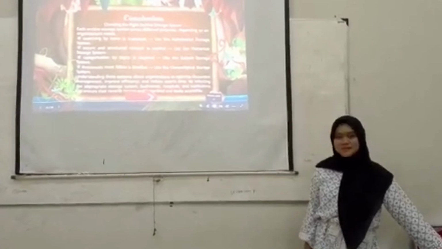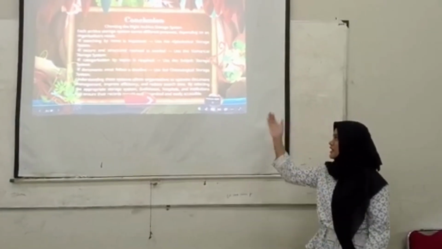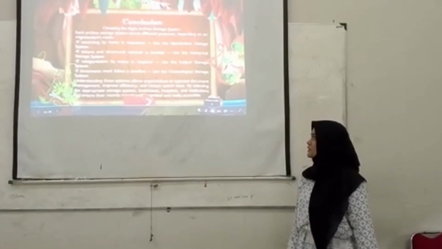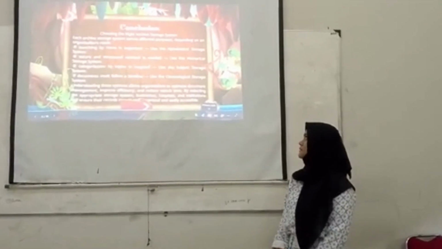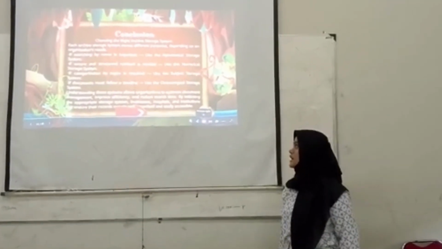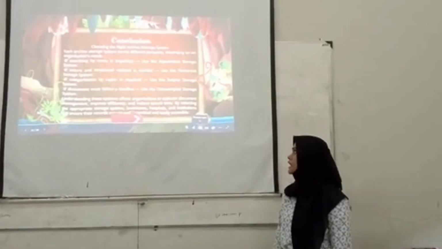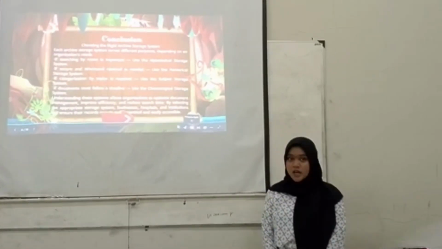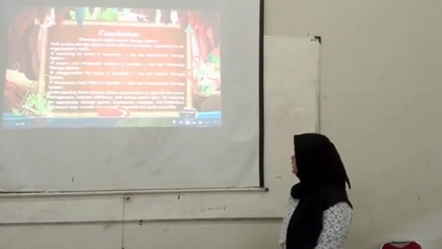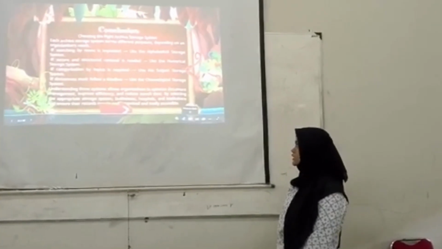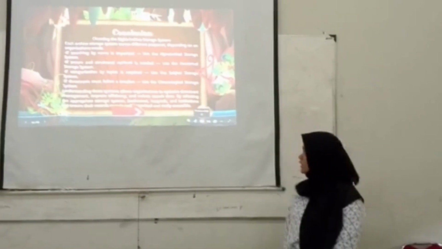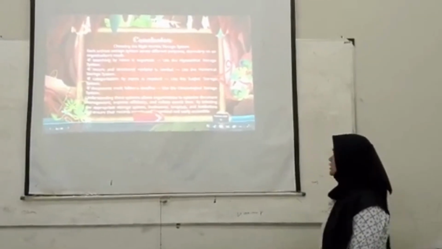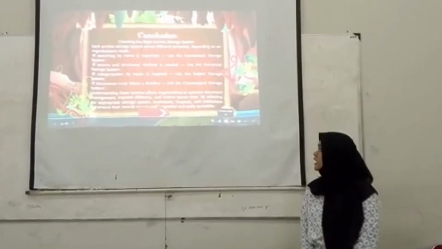In conclusion, choosing the right storage system. Each storage system serves different purposes depending on an organization's needs. If searching by name is important, use the alphabetical storage system. If secure and structured files are needed, use the numerical storage system. If categorization by topics is required, use the subject storage system.